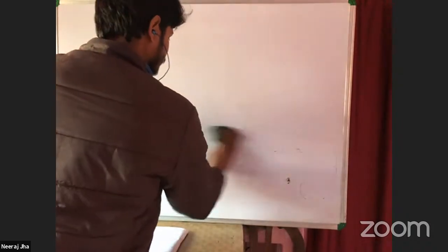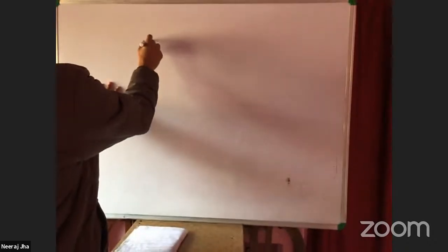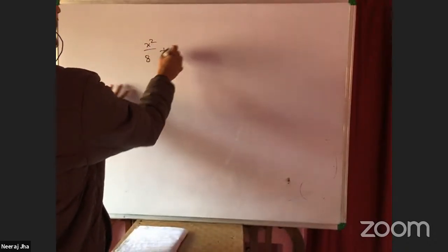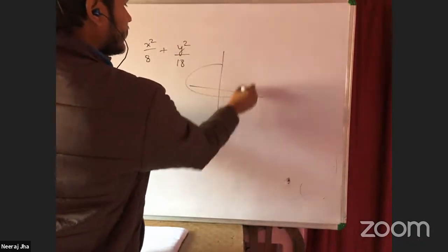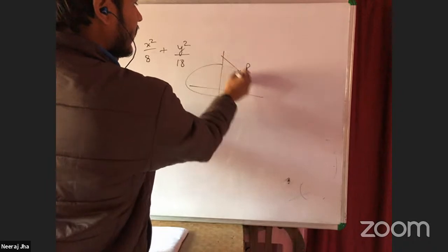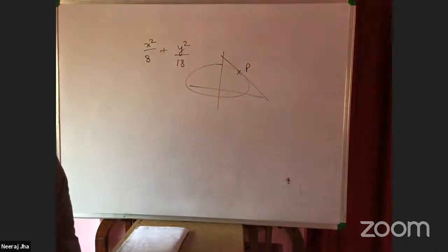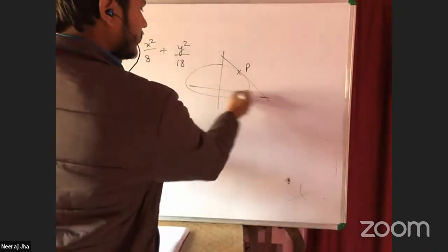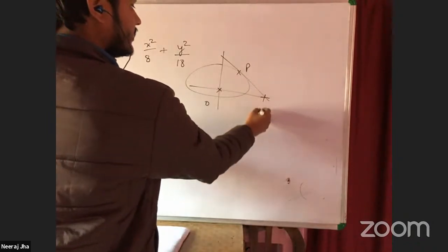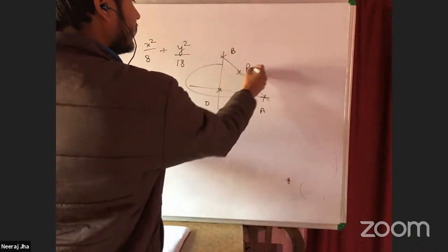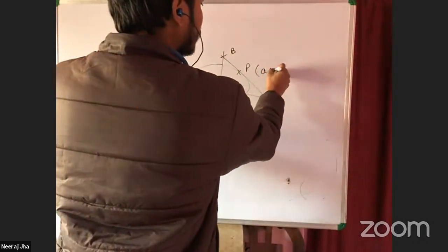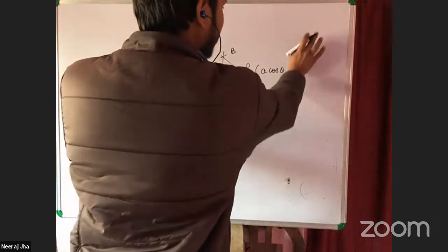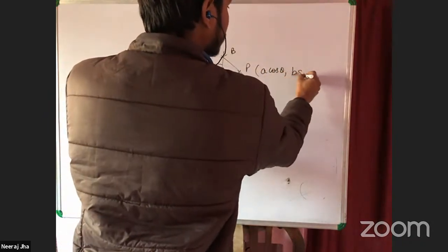We have an ellipse x square by 8 plus y square by 18. In that we have a point P and we have a tangent. Its center is O. This is A. This is B. Now let me take any point on this, let it be a cos theta and b sin theta.